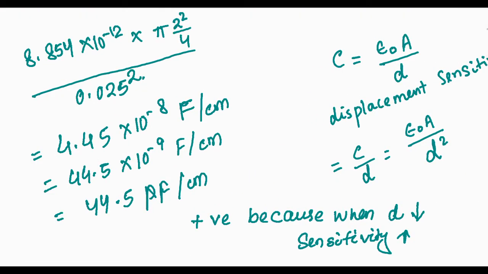So epsilon 0 value is 8.854 into 10 to the power minus 12, into pi d square by 4, by D square. And what is D?